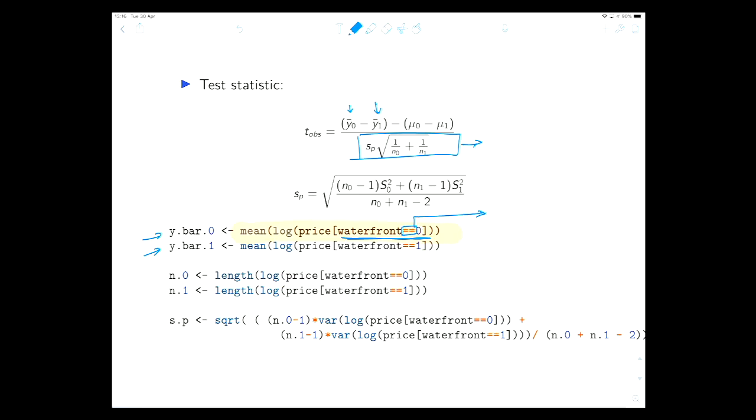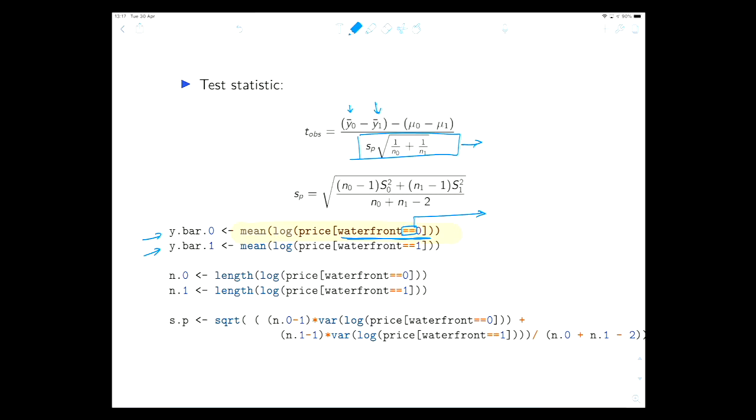If you write a single equal to sign, R treats it as an assignment. Basically you're saying set waterfront to 0. But if you want to test whether waterfront is equal to 0, you put in the double equal sign. Does everybody get that? That's just your R tip.